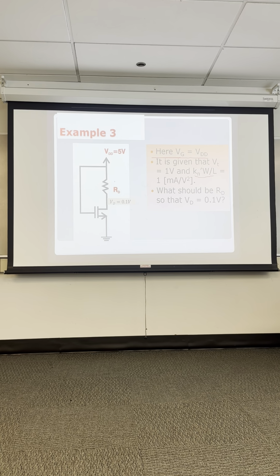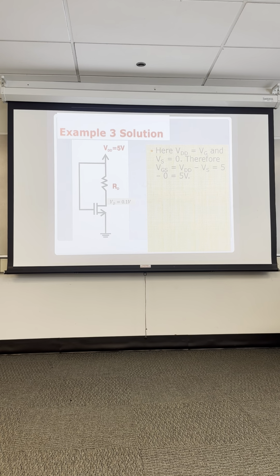Now that doesn't really say whether it's in saturation or triode here. But having a drain voltage that low is kind of a hint about how the circuit would operate. The source voltage is equal to 0, it's connected to ground.